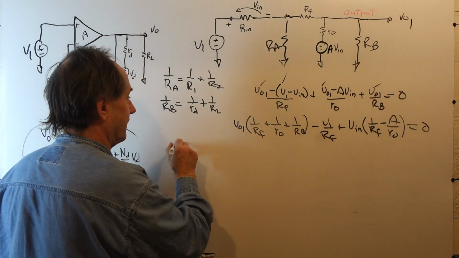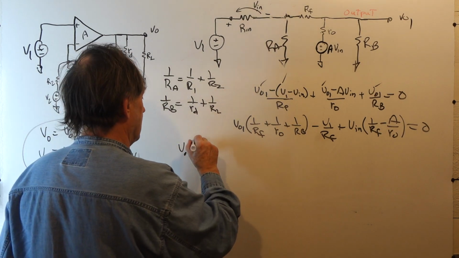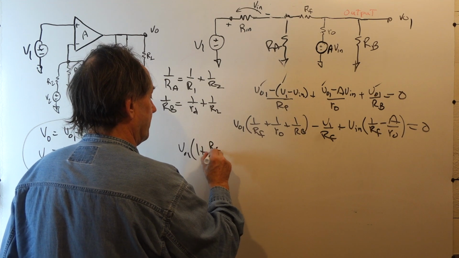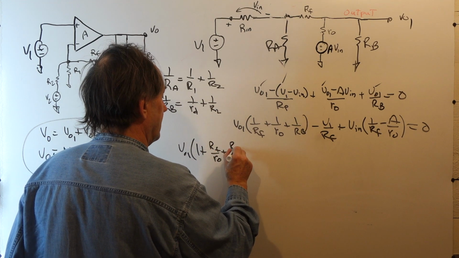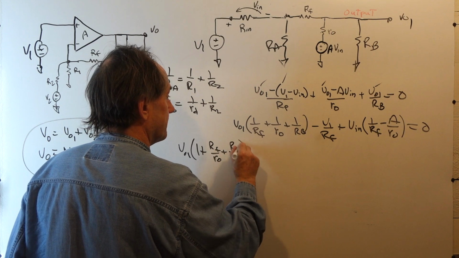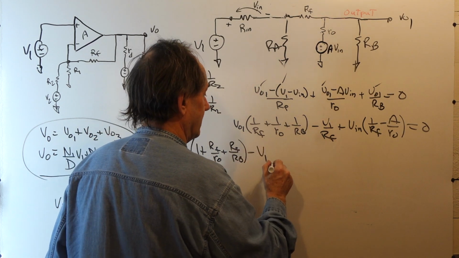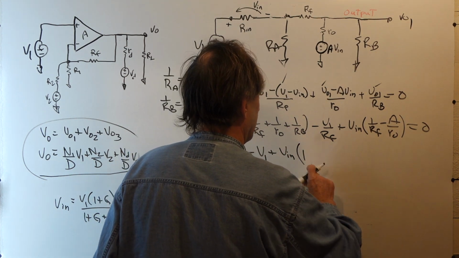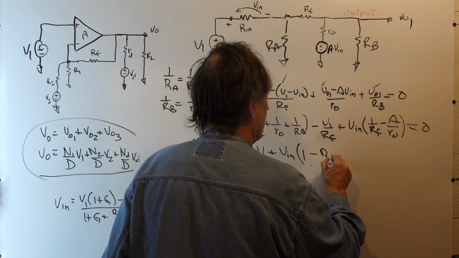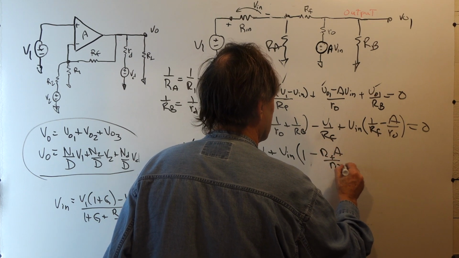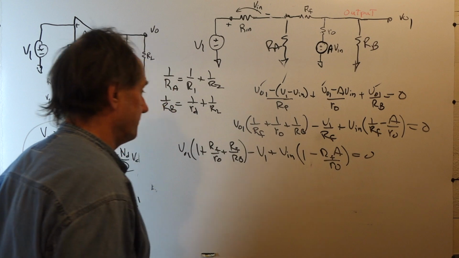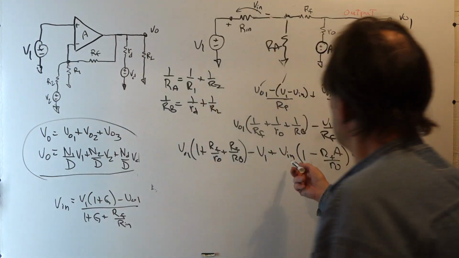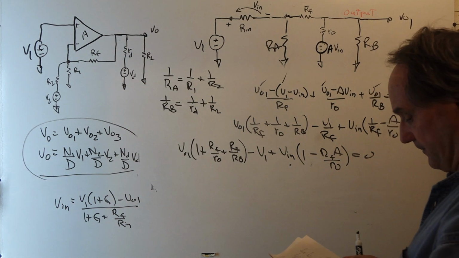Multiply through by RF, we have VO1 times 1 plus RF over R0 plus RF over RB, minus V1 plus Vn times 1 minus RF A over R0, and that's equal to 0. Now we take our Vn from here and substitute it in there.